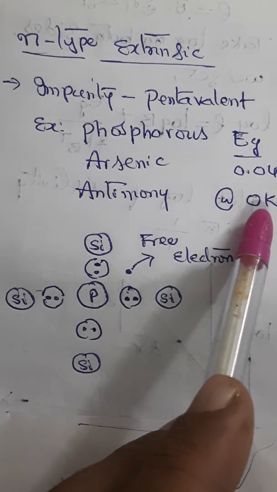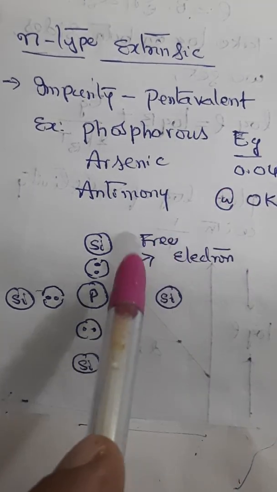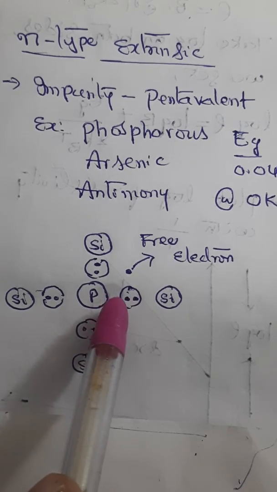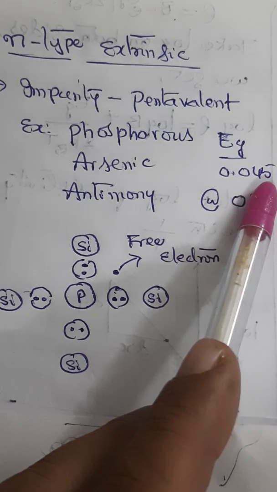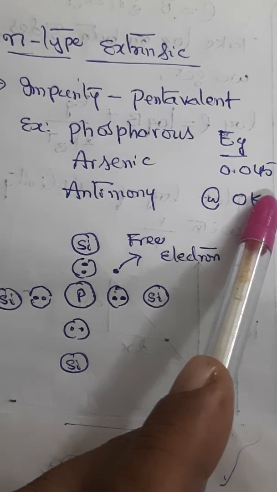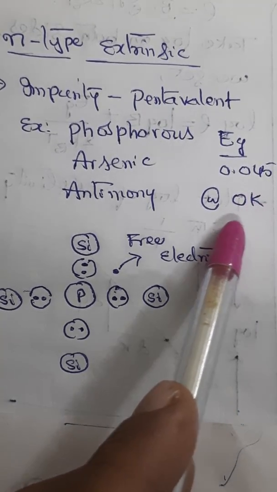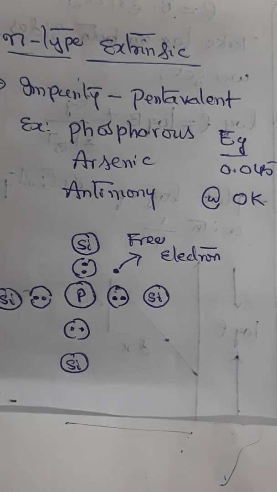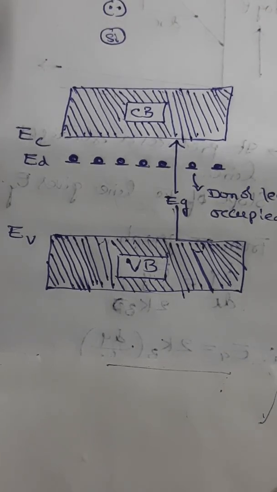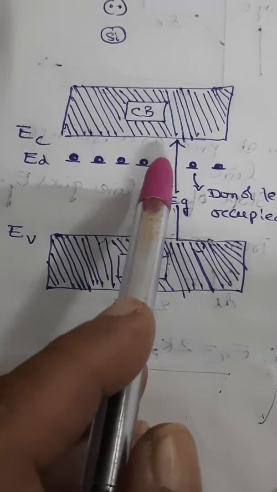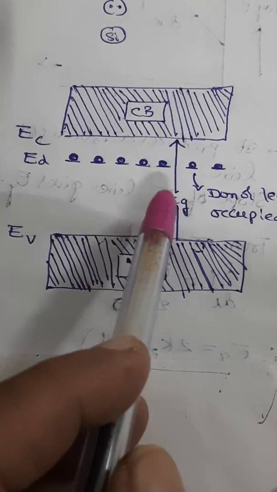So at 0 Kelvin, this electron is bound to the phosphorus atom with an energy of 0.045 electron volts, right? If you look at the energy band diagram in this case, it will have valence and conduction bands separated by an energy gap.